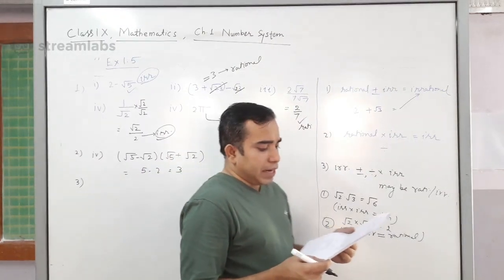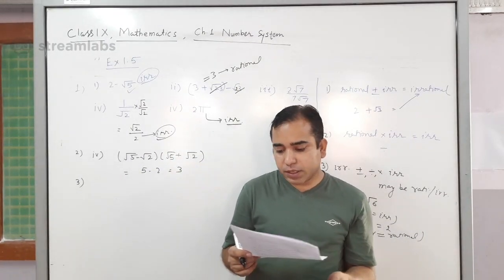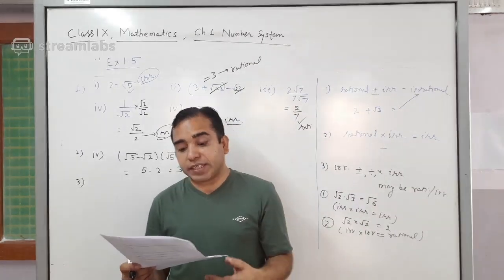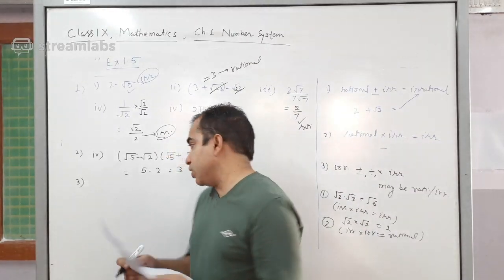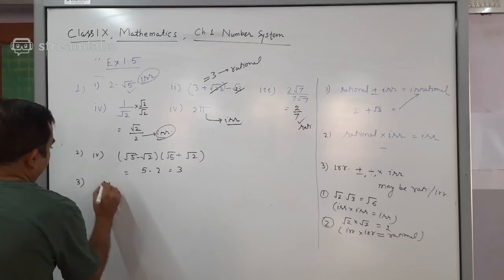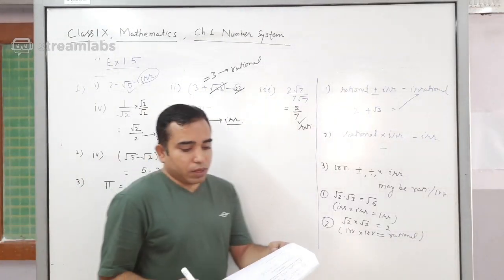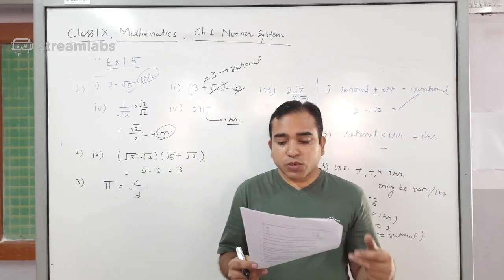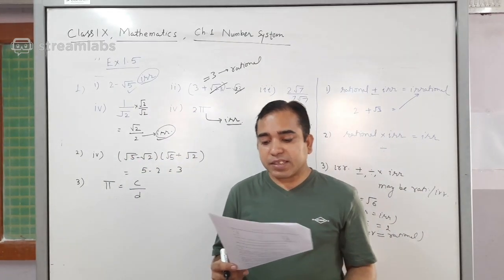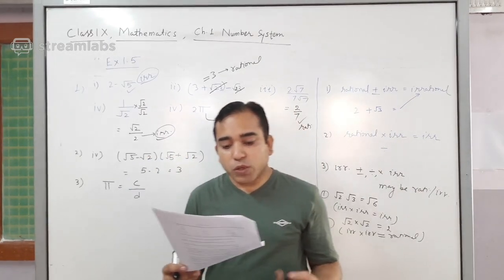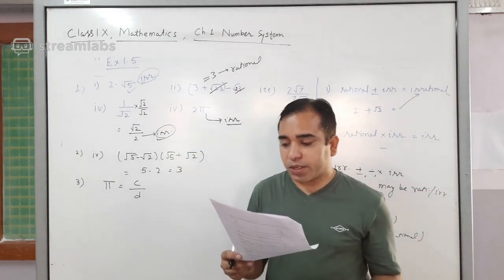Recall, pi is defined as the ratio of circumference of a circle to its diameter, say d, c upon d. They are asking that pi is the ratio of circumference and diameter. Then this seems to contradict the fact that pi is irrational. How will you resolve this contradiction?